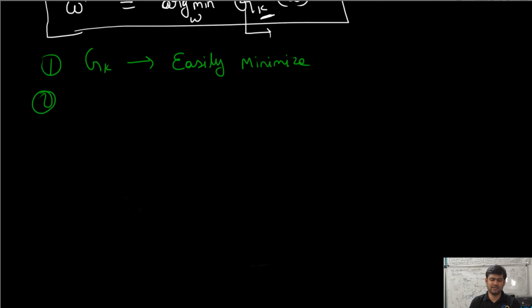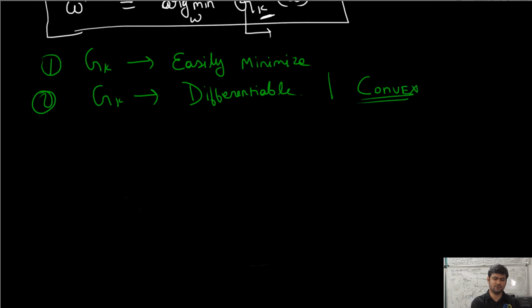And second, at least for the L1 norm regularized least squares problem, we should select the function gk that is differentiable as well as convex at the same time. Because the original loss function is convex, it makes much more sense if the function gk is also convex. So at least for the L1 norm regularized least squares problem, we have two conditions for selecting a good function g: one, it is easy to minimize, and second, it is differentiable as well as convex.